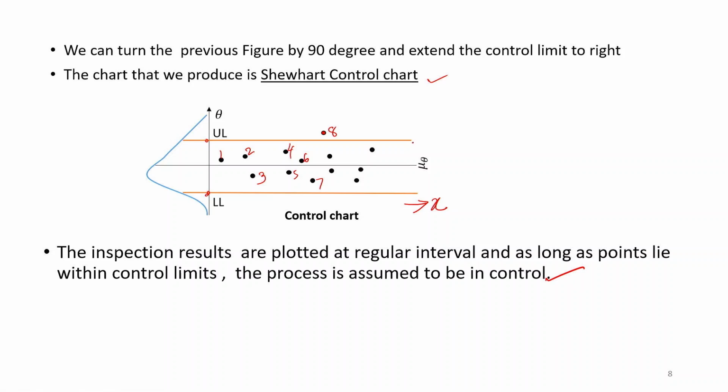So these two lines are indicating that as long as the points are lying within these boundaries, we'll say the process is under control. We cannot expect all the points to fall on the mean value on this center line. That will never happen. That is something which is not possible.